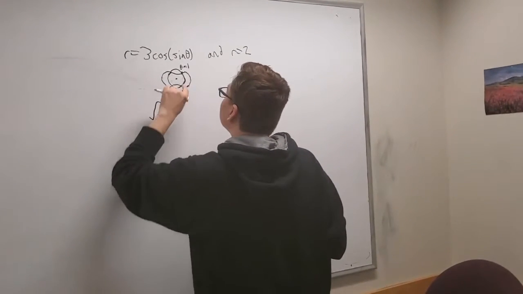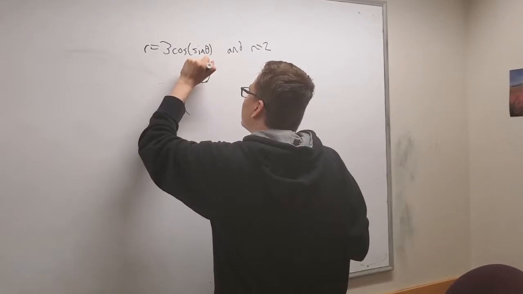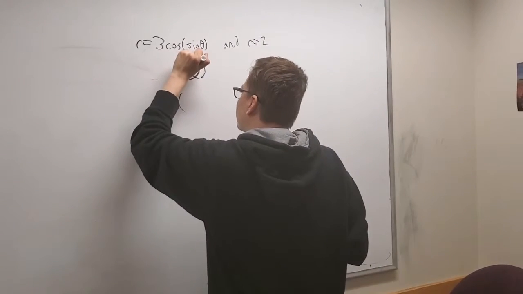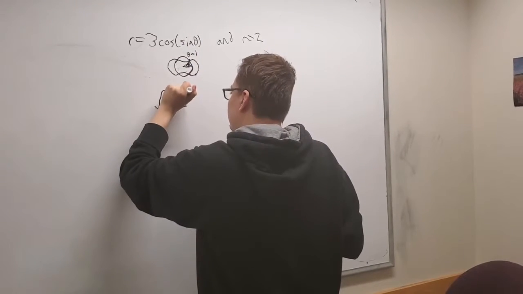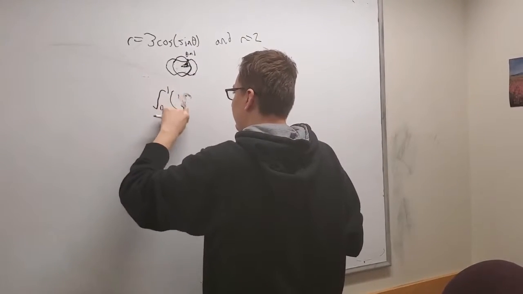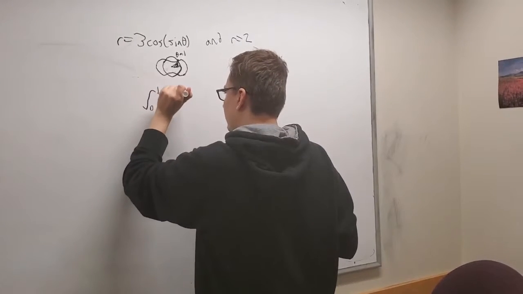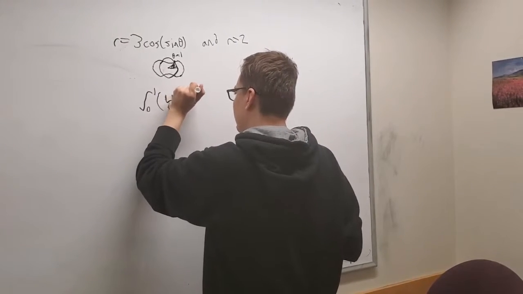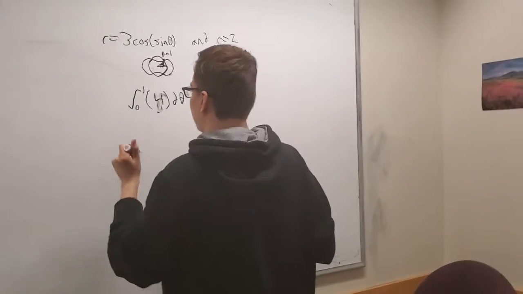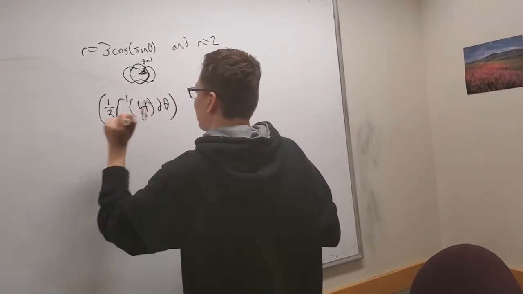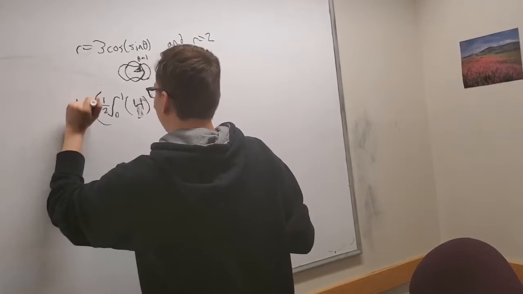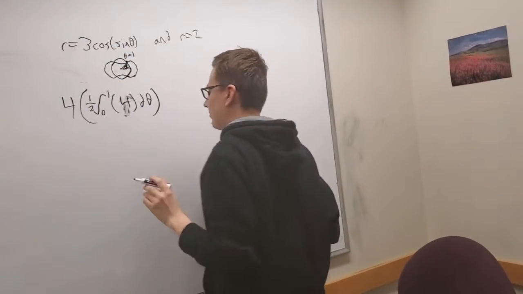You find this area, which you can just do as 2 squared, which is just 4, and then you have the d theta. You take half of them, then you multiply the whole thing by 4 because you have 4 parts.